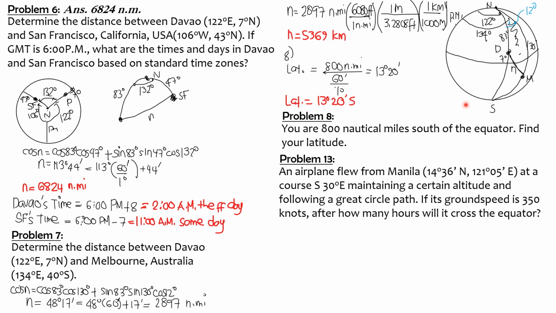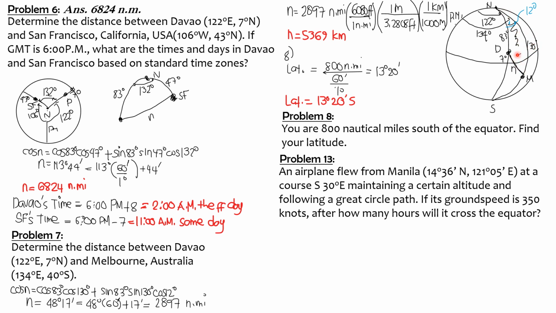This is the prime meridian, the meridian through Davao, 7 degrees, so that's 83 degrees again, 90 minus 7, while Melbourne, Australia is below the equator, 40 degrees south. So from the equator to the North Pole is 90 degrees, and 90 degrees plus 40 degrees is 130 degrees. So this is 130 degrees this side here.